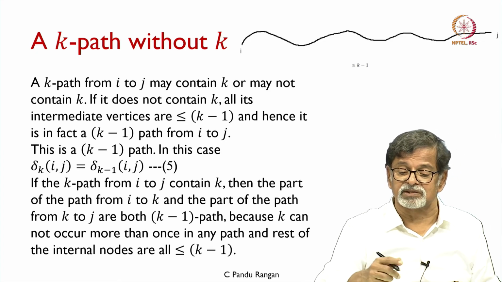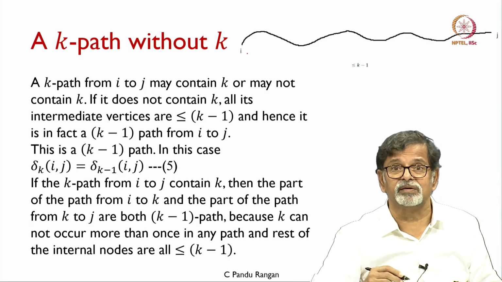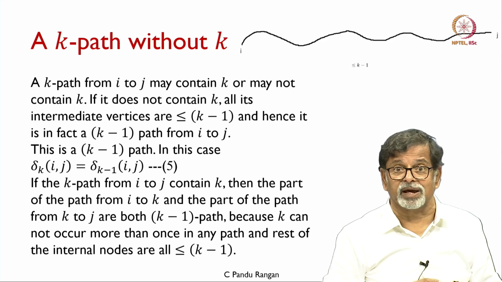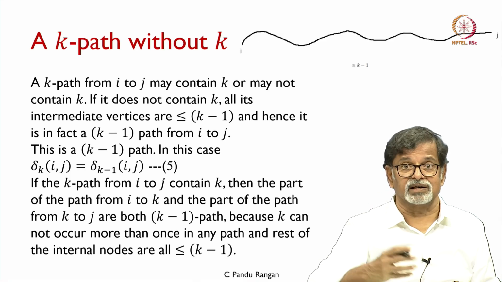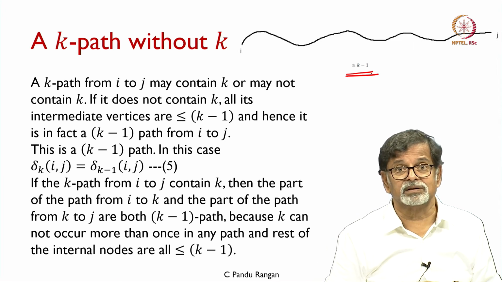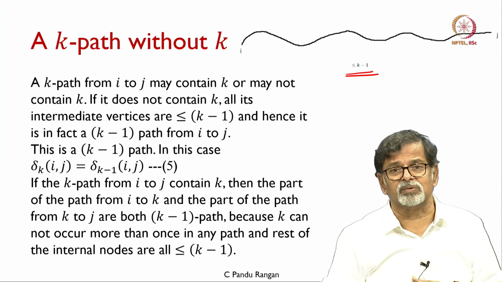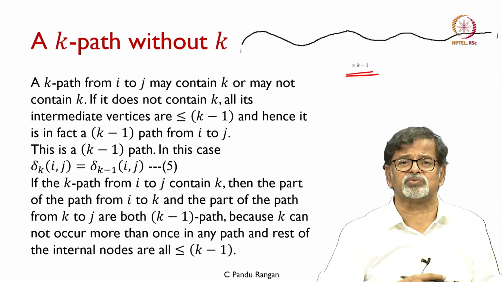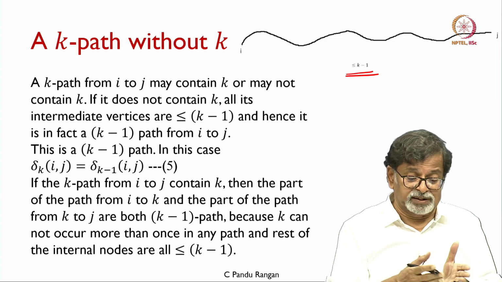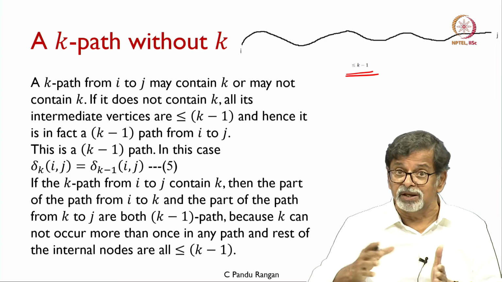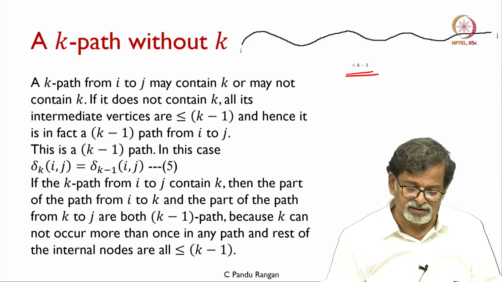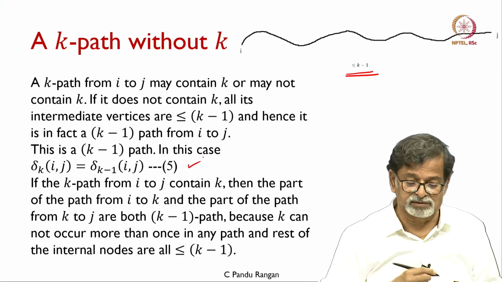So, consider this path i to j, k is not there, all of them are less than or equal to k and k is not there, therefore, all of them are less than or equal to k minus 1. Since all of them are less than or equal to k minus 1, it is a k minus 1 path. Therefore, delta k ij could be the minimum in this, which is delta k minus 1. Therefore, this is one possibility.